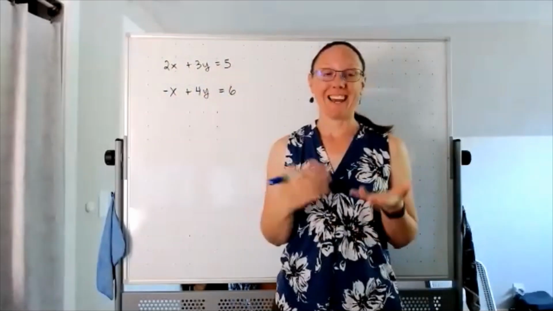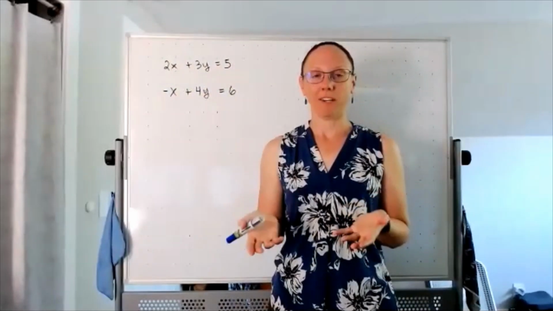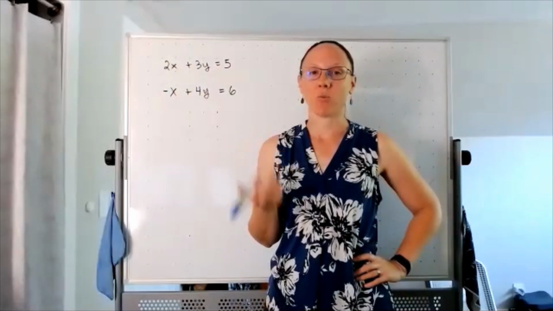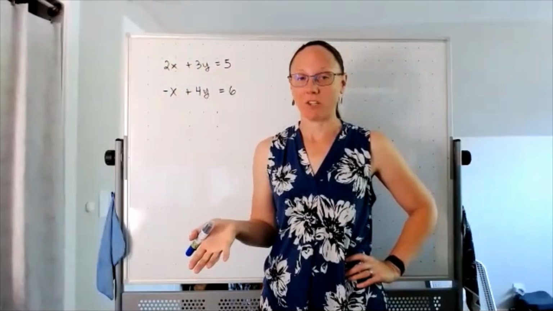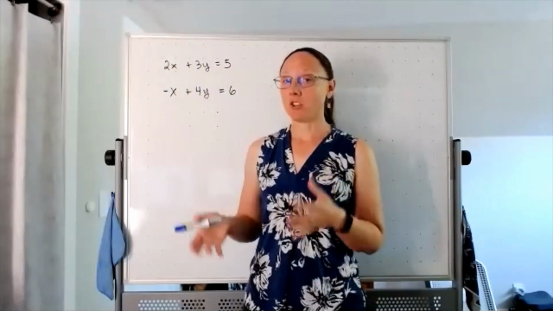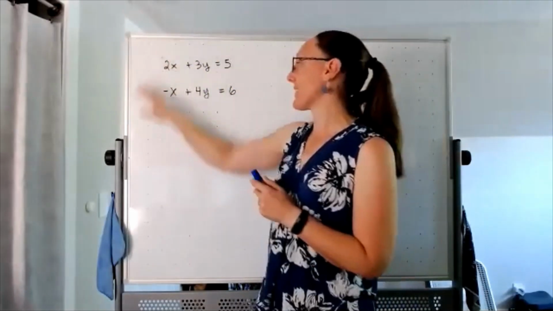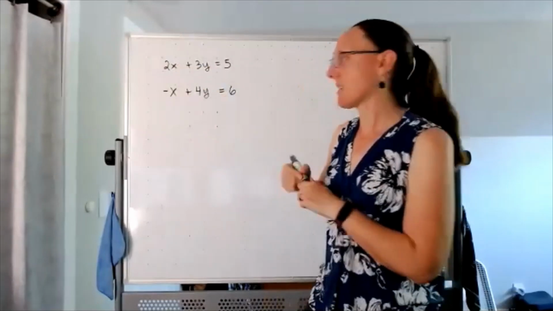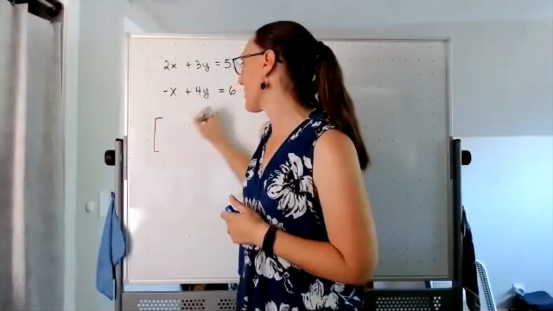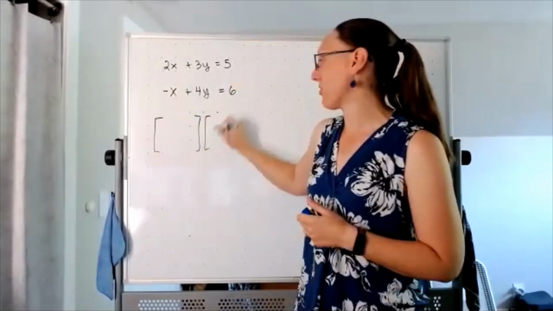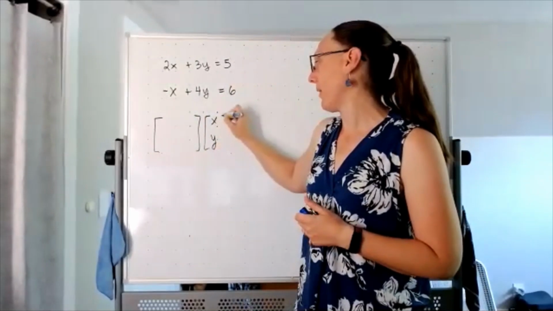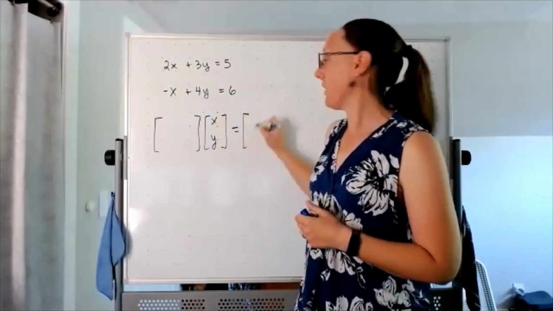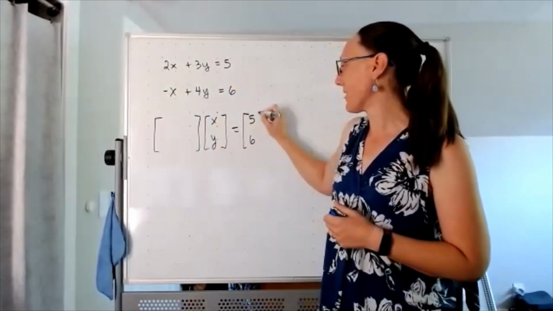So we can refer to this as a system of equations, but we can also take that system of equations and write it as a matrix equation. The way that we would do that is to look at the left-hand side and think about writing this as some matrix times the vector x, y. And the result would give me the vector 5, 6.